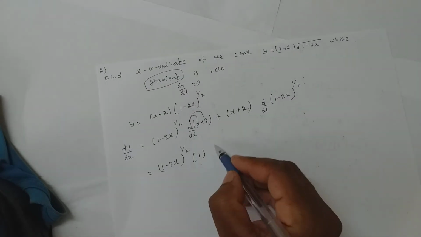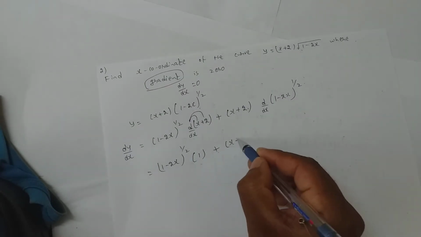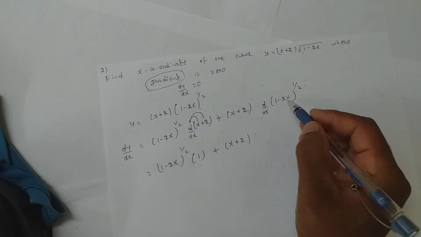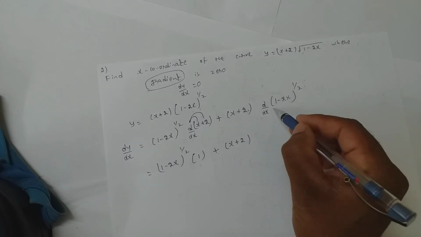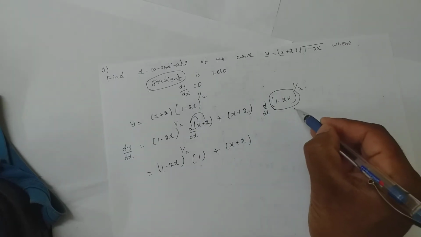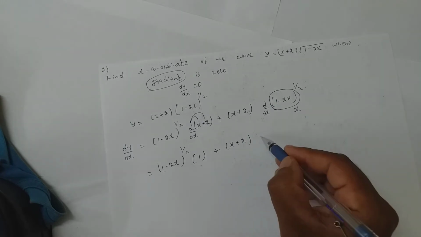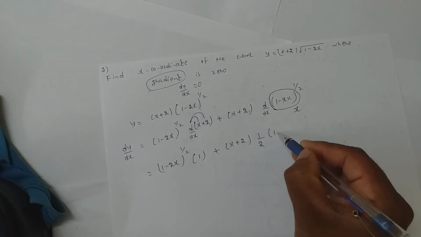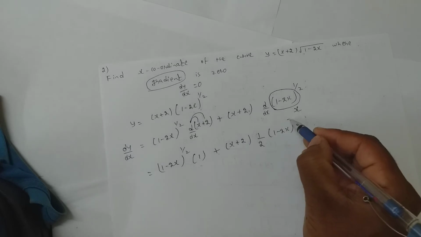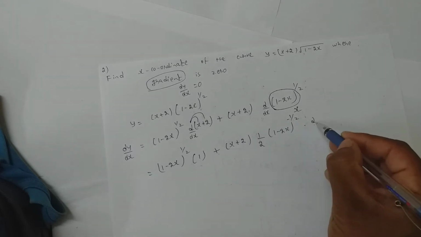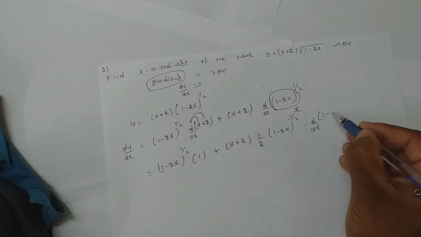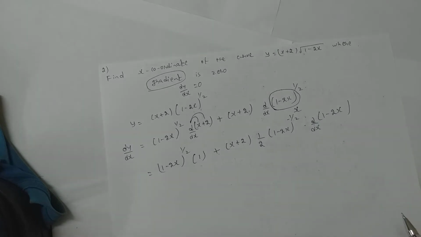So now, plus x plus 2 into, this cannot be differentiated directly, so I assume it to be x. So x power half is half into half minus 1, resulting in minus half, into d by dx of 1 minus 2x.